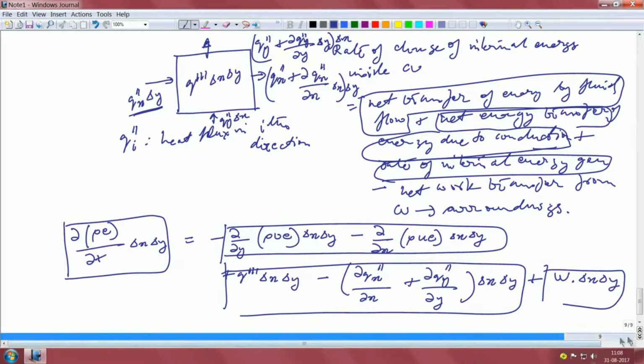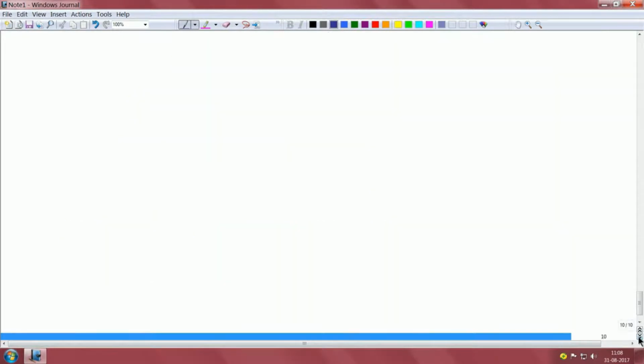Up to this I think it should look pretty familiar. Now, we can go on simplifying the thing a little bit more.